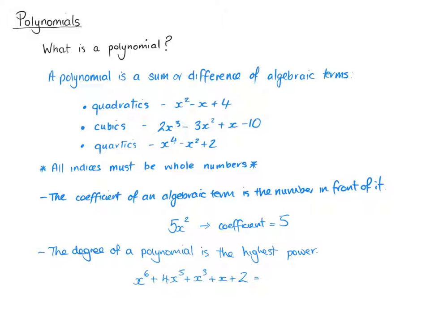So we can say the degree is 6. It's a 6th degree polynomial. That's it for coefficients and degrees of polynomials.